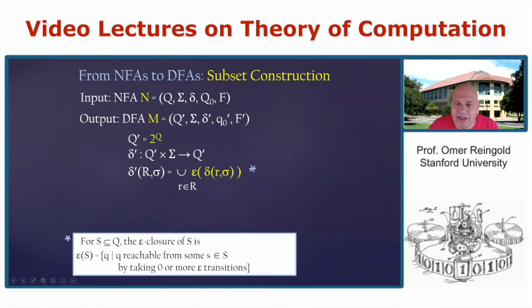So let's look at the definition of the epsilon closure. It's just what I said. For every subset S, like this subset delta of r and sigma, the epsilon closure of S, which we denote E of S, is all the states reachable from some state s in S by taking zero or more epsilon transitions.